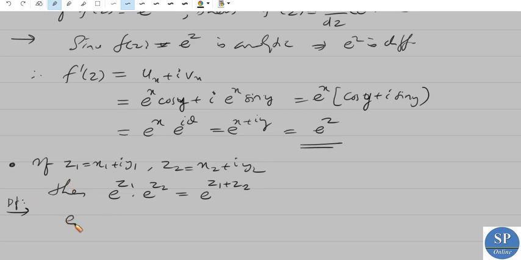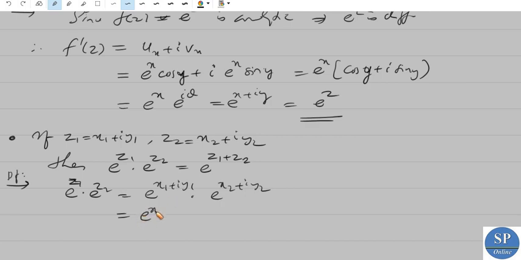We have e power z1 into e power z2, which is nothing but e power x1 plus I y1 into e power x2 plus I y2. So we can write this as e power x1 into e power I y1, which is cos y1 plus I sin y1, into e power x2 into cos y2 plus I sin y2.